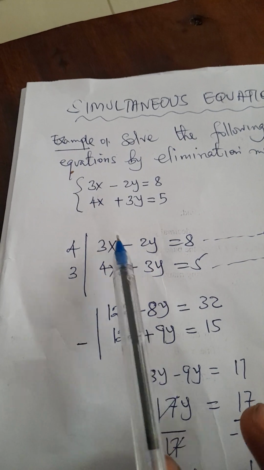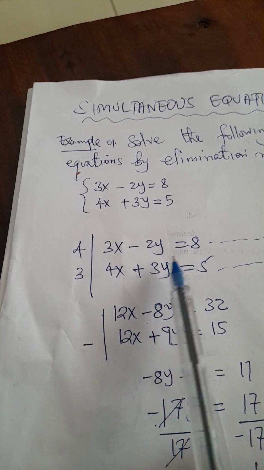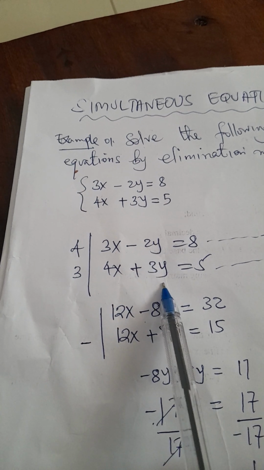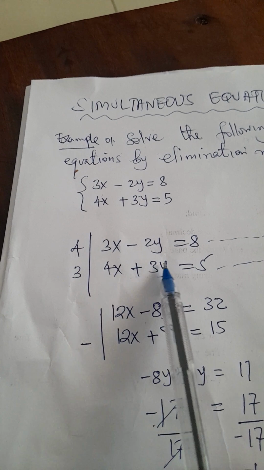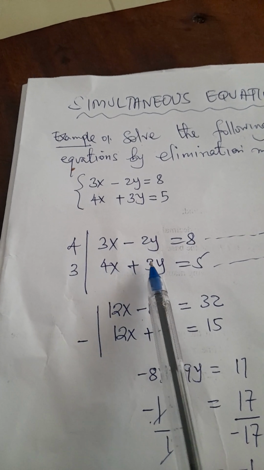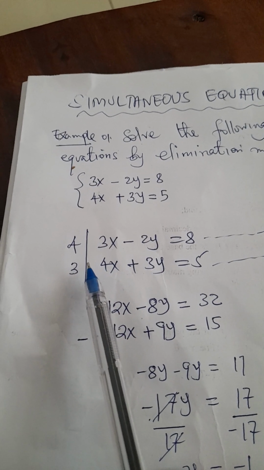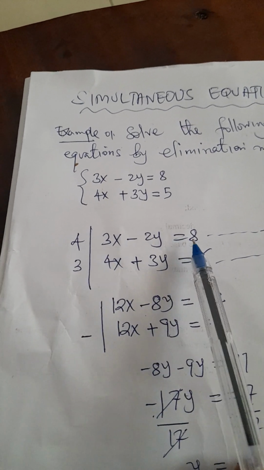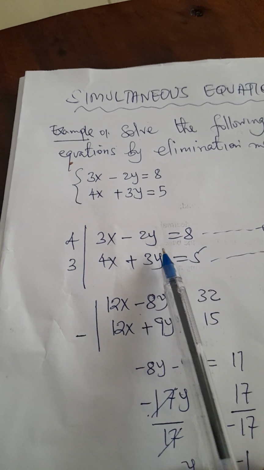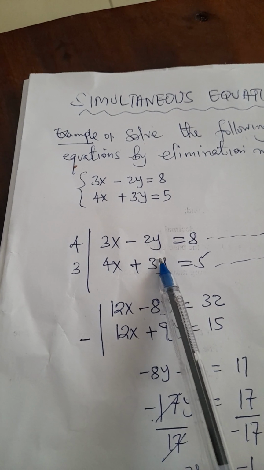Sometimes we cannot get equal terms like this one: 3x, 4x, 2y, 3y. So we need to exchange the coefficients of either of the variables, x or y. If we need to cancel x, we have to exchange the coefficients of x. If we want to eliminate y, we have to exchange the coefficients of y.